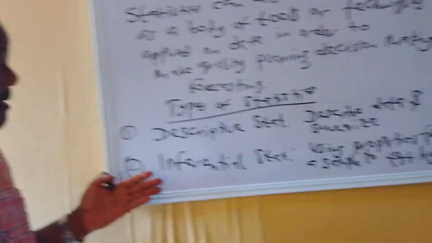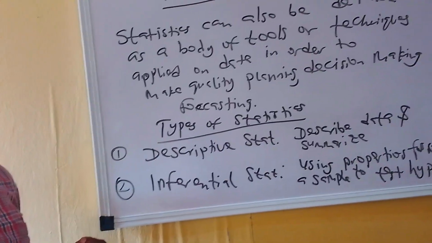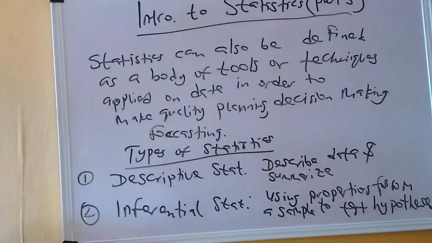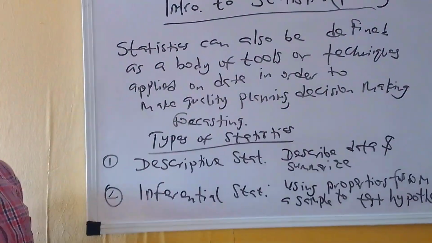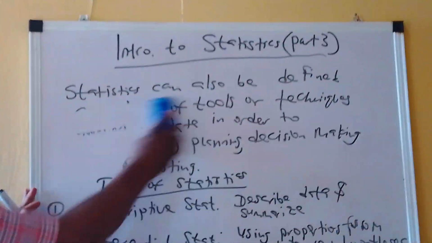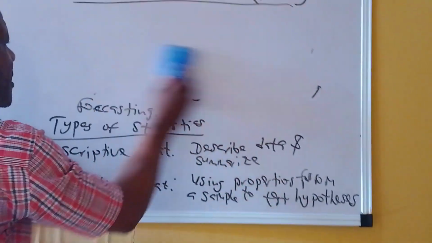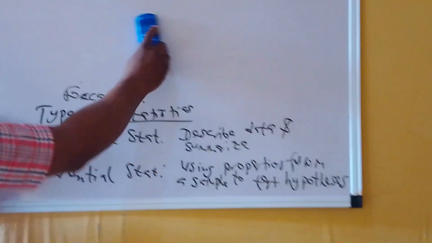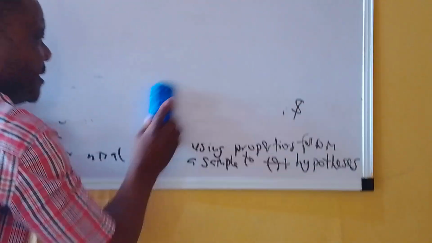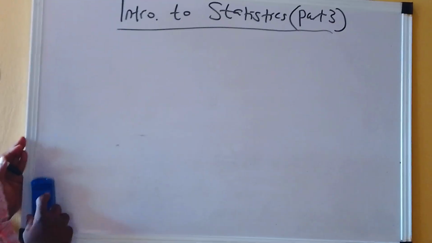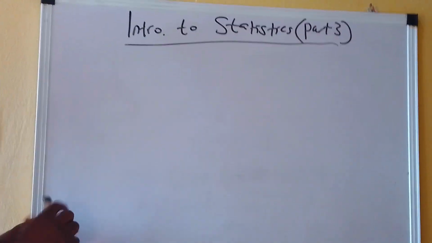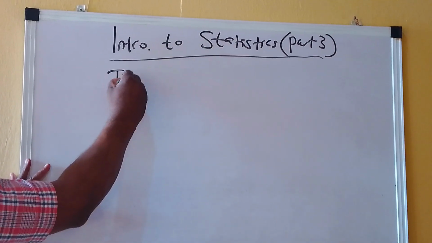And of course, in statistics, we have two types of hypothesis. We have the null hypothesis. I'll quickly, briefly talk about the types of hypothesis. We have the null hypothesis H0 and the alternative hypothesis HA.